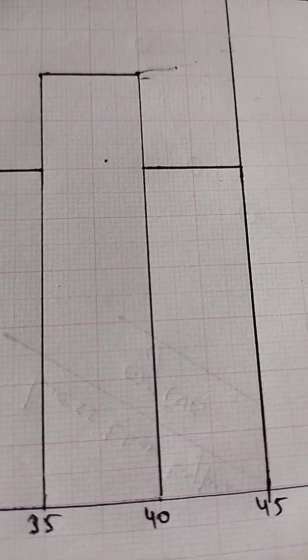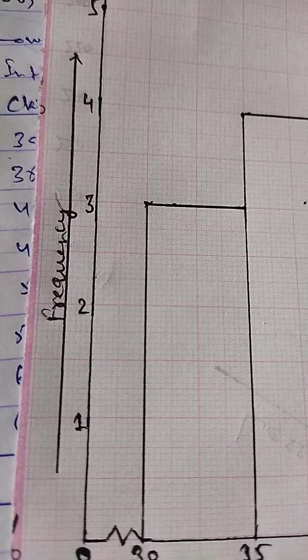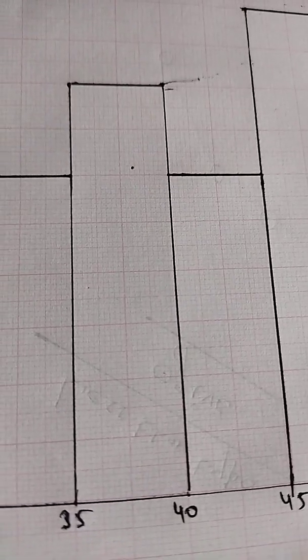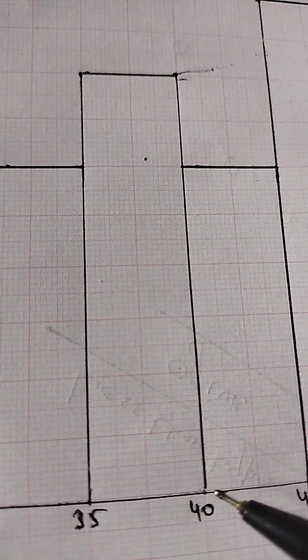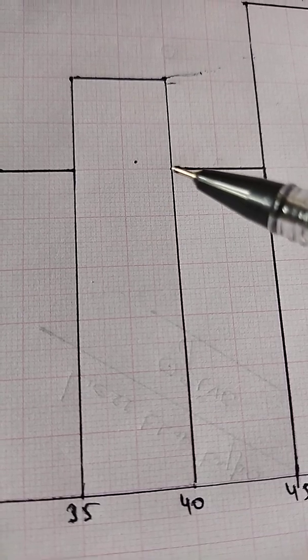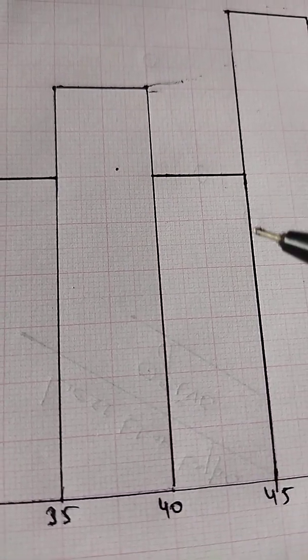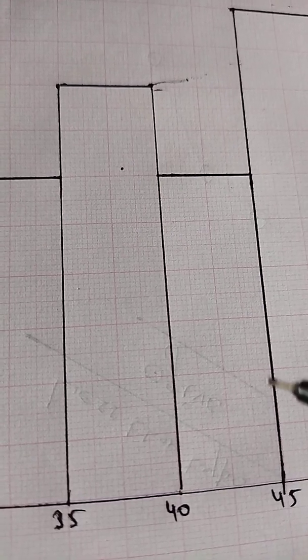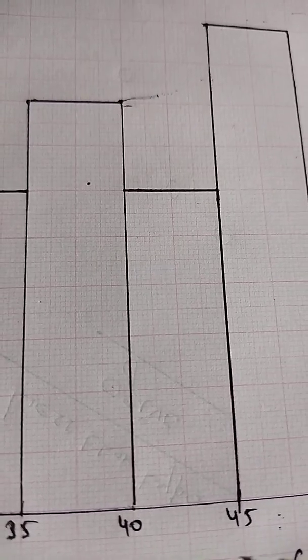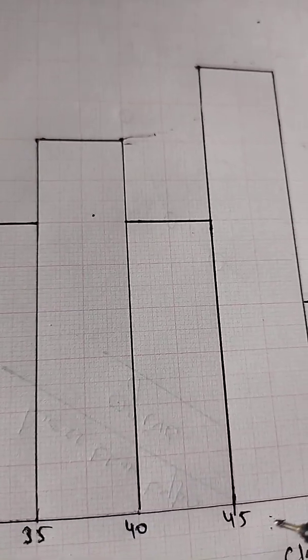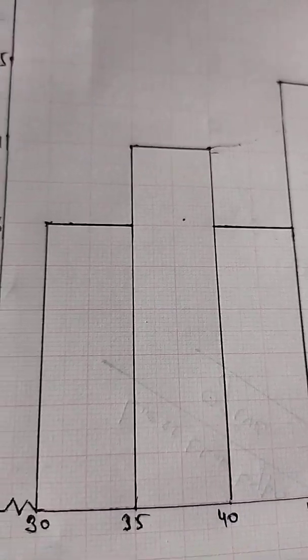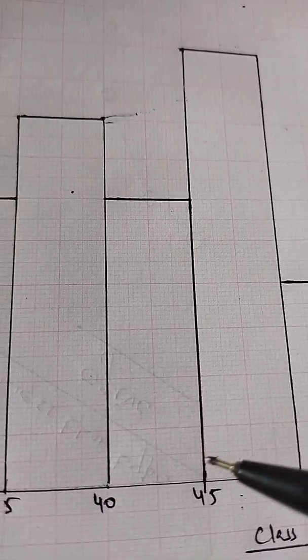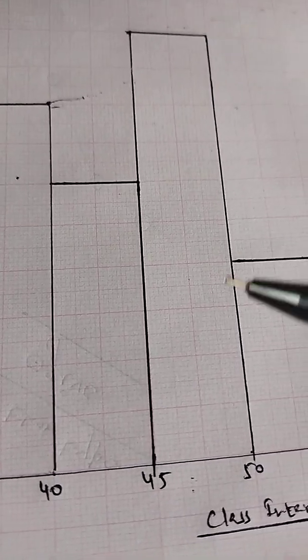Then 40 to 45, your frequency again is 3. So at 40 you have to move up to 3 only, and then go to 45 and just close it at 45. Then 45 to 50, your frequency is 5.